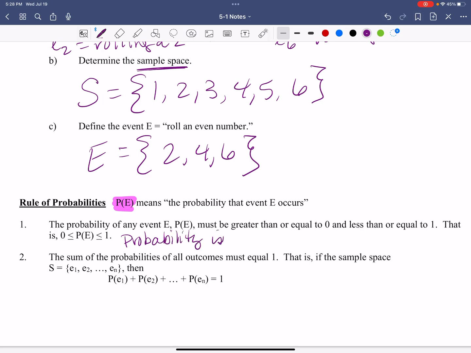Probability is a decimal or fraction. Most of the time we write it as a decimal, and the decimal has to be between 0 and 1, inclusive. This or equal to symbol that's underneath the 0 and the 1, that means inclusive.